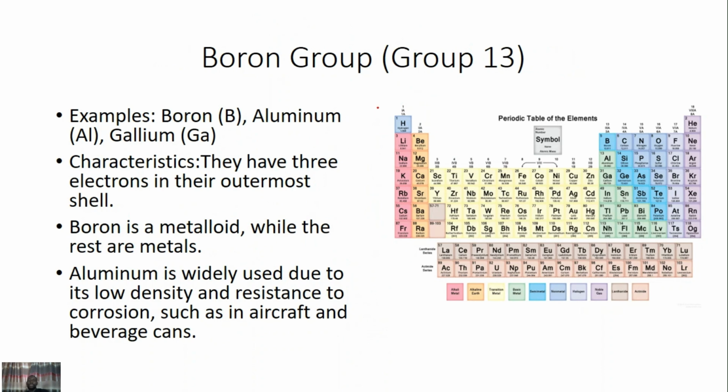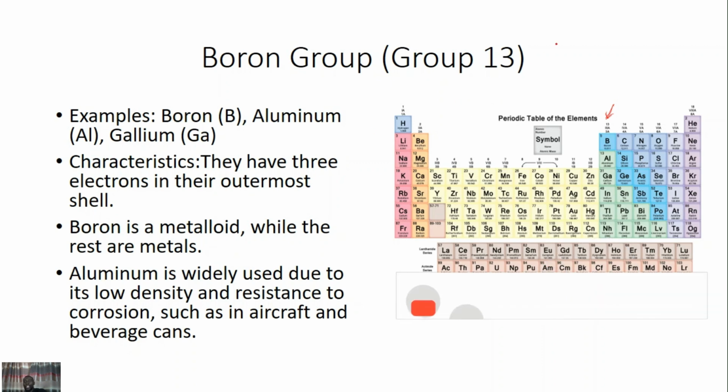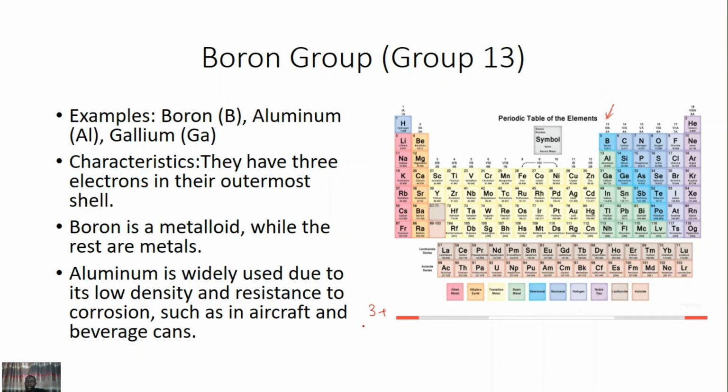The third group that we'll be talking about is the boron group, which is this. The boron group has three electrons in their outermost shell, and they tend to lose those three electrons and become 3 plus. For example, aluminium loses three electrons in its outermost shell to become plus 3.